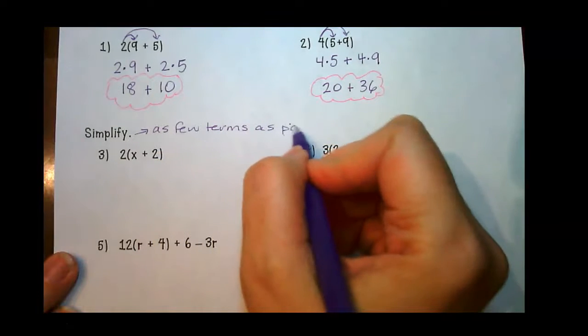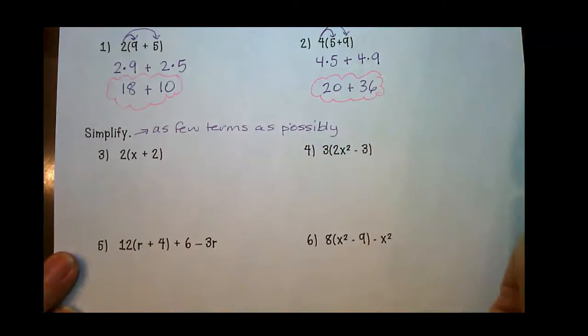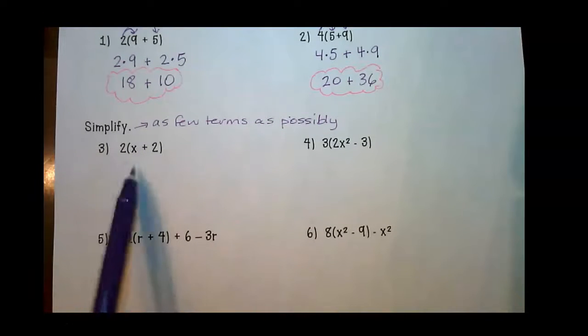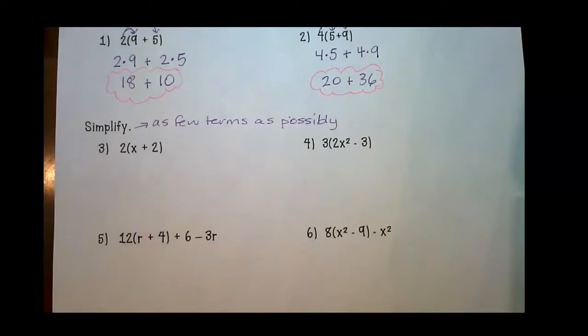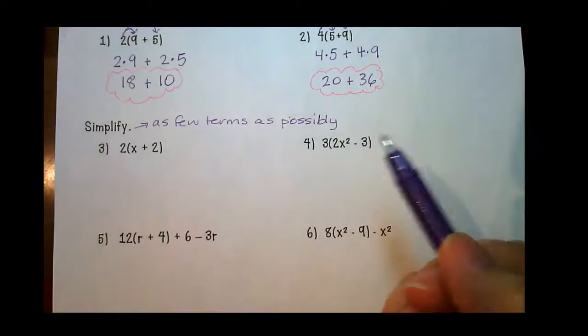Now, usually, when you see simplify, you think of fractions. Well, not always with math in middle and high school. So, when you see simplify, as few terms as possible. Here we go.